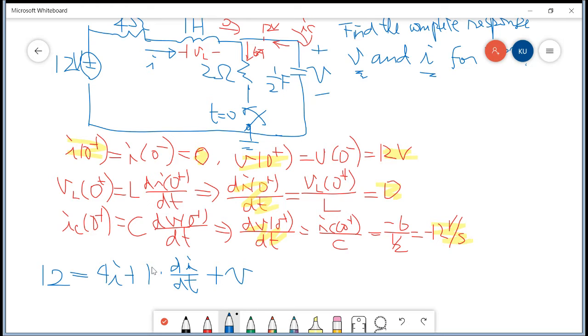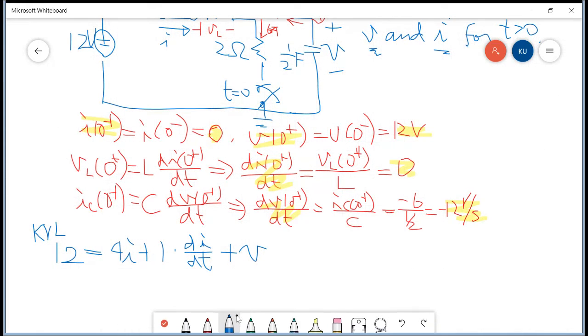And what is the next? Actually, we can write a KCL at this node. So this one comes from KVL, and for another one we may use KCL too.